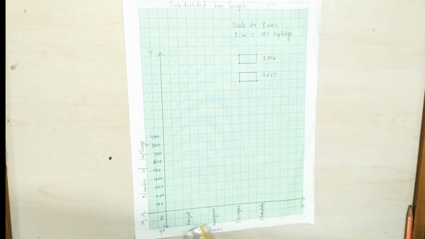The point of intersection of the x-axis and y-axis is the origin O. Now here we represent the subdivided bar graph.